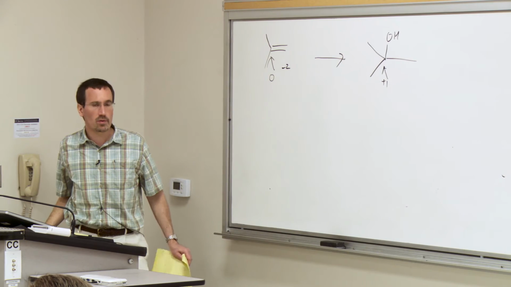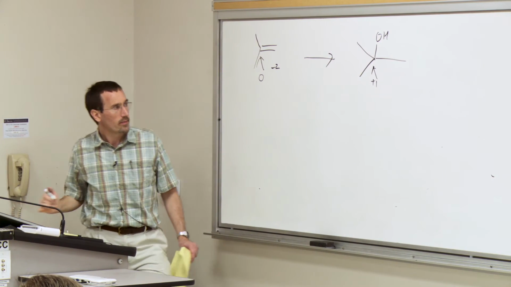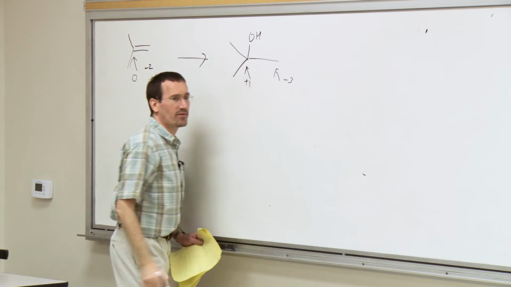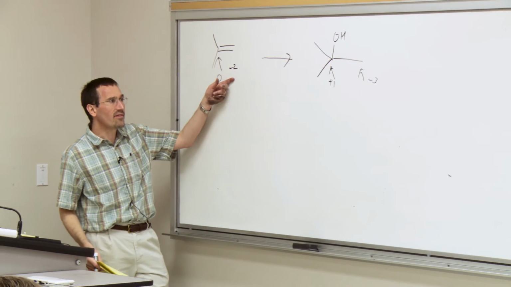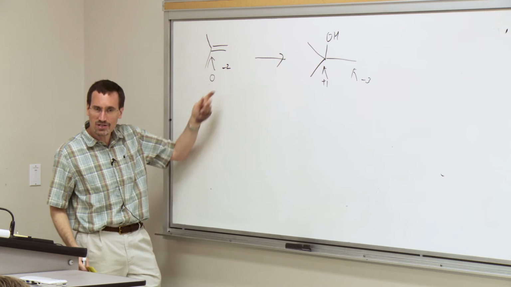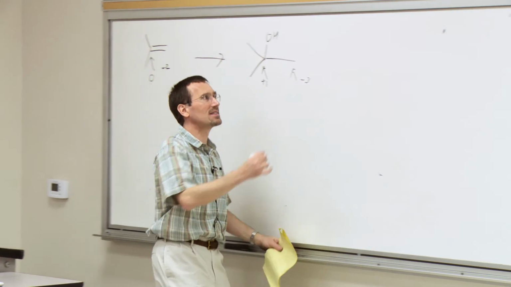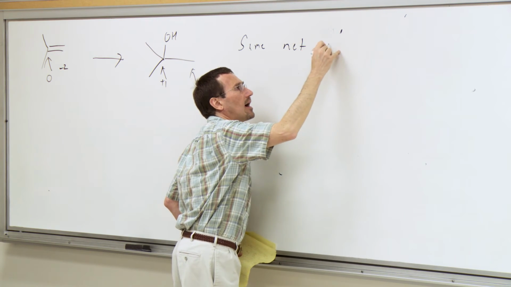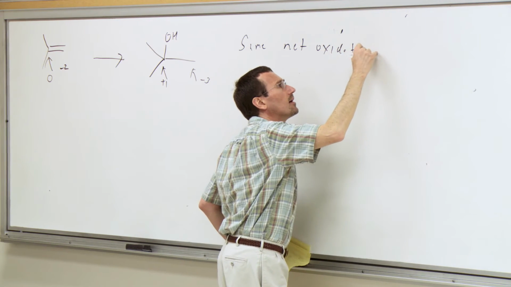At that carbon, we're +1. But we've also changed oxidation state at this carbon, we're -3. In other words, we have no net change in oxidation state.